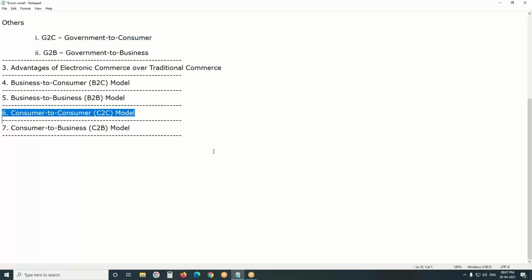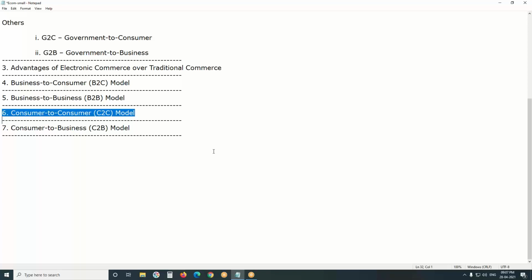Next, selling an item. Selling an item on C2C sites can be as simple as opening the app or site, creating an account, listing the item, and waiting for another consumer to purchase.